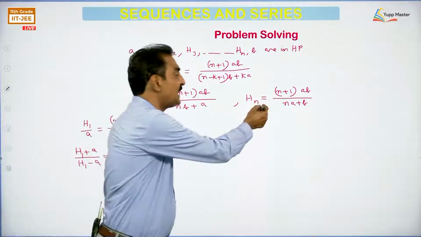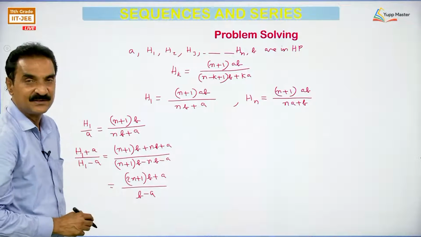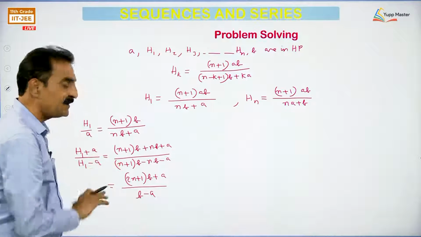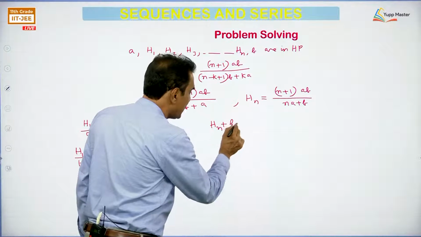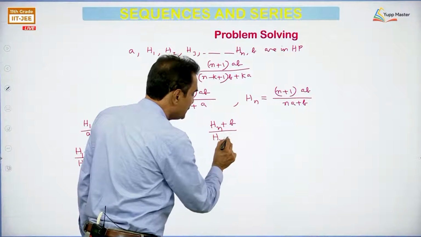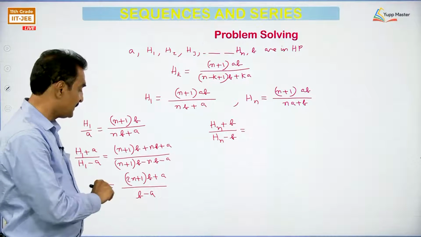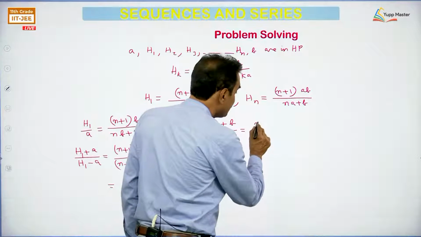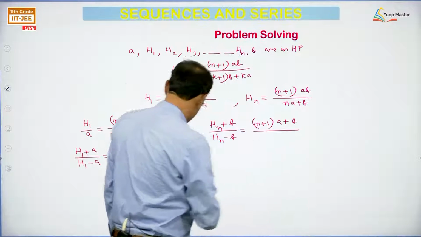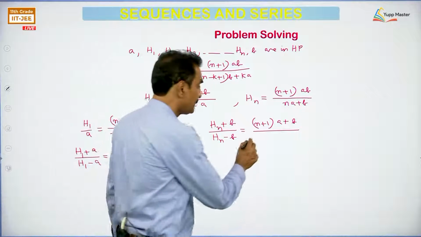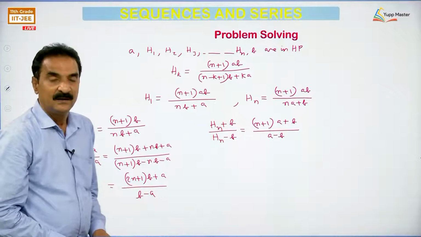Now you don't need to calculate Hn by B again, no need of doing all these calculations. Directly interchange A and B, you will get it. So directly I will write Hn plus B by Hn minus B is equal to, interchanging A and B, 2n plus 1 into A plus B by A minus B. Now we want to add these two.